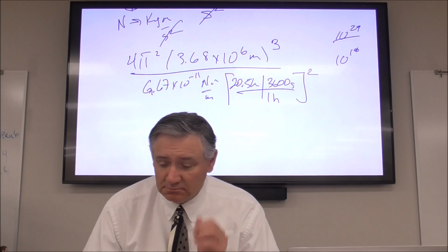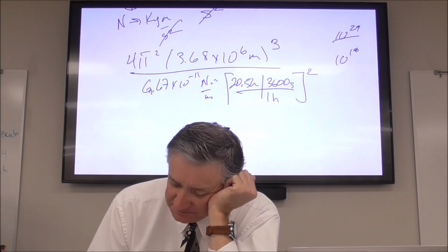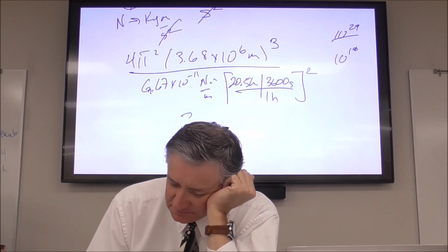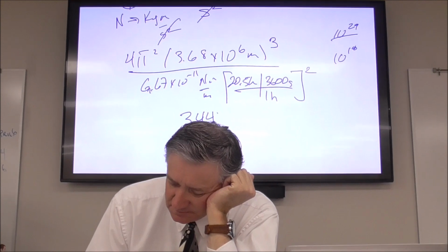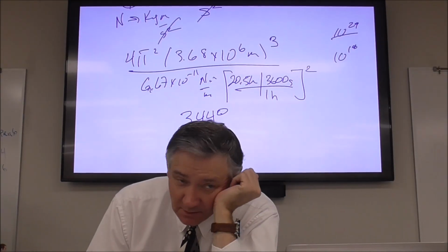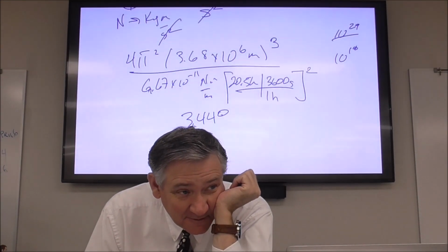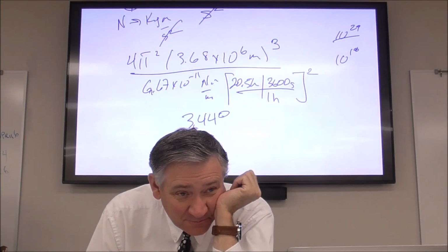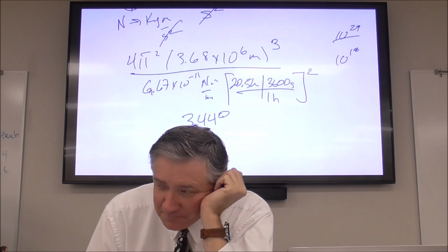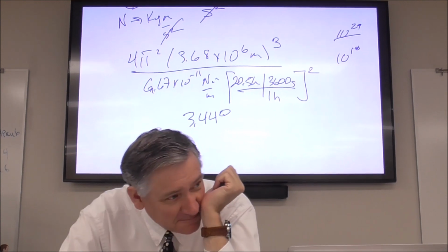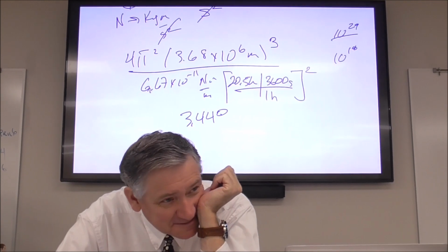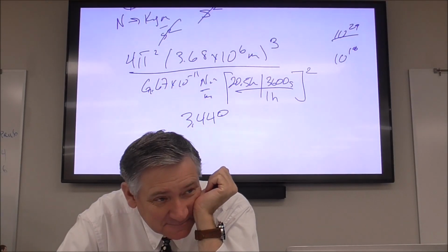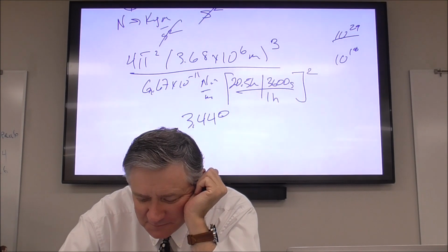Oh yeah, that's cool. What'd you get? 3.4478 times 10 to the 21st. Whoa. I got 5.416 times 10 to the 24th. Yeah, that's what I got. I could be wrong.